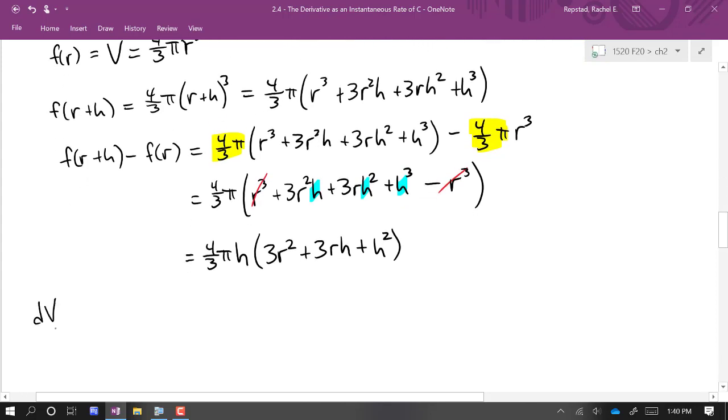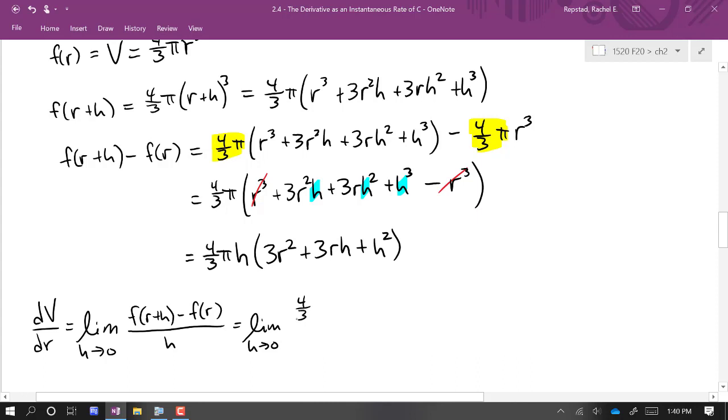So dV/dr is the limit as h approaches 0 of f of r plus h minus f of r all over h. This is the limit as h approaches 0 of, all right, so this is what's in the top. That's what we found.